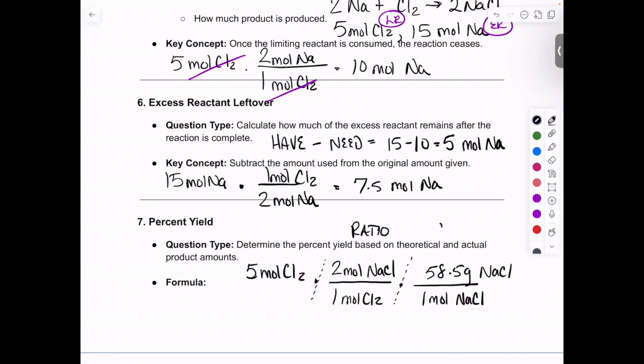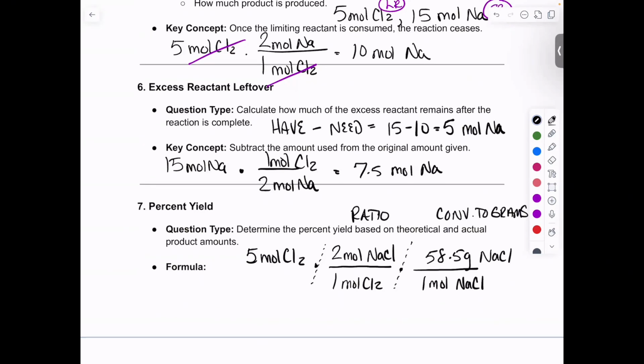We can actually convert to grams here. You can do that, for instance, with gas. You can have so many moles of gas and switch it over to liters. Just depends on the scenario.